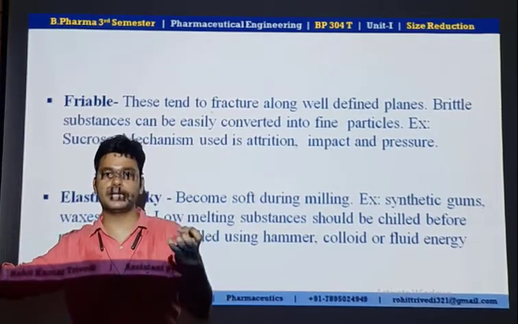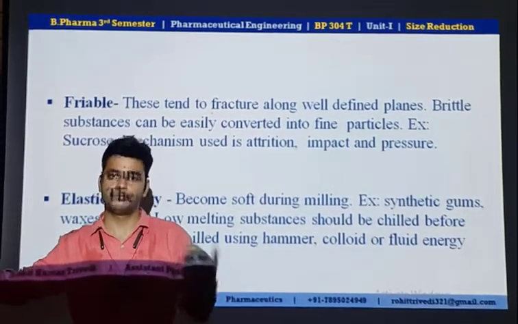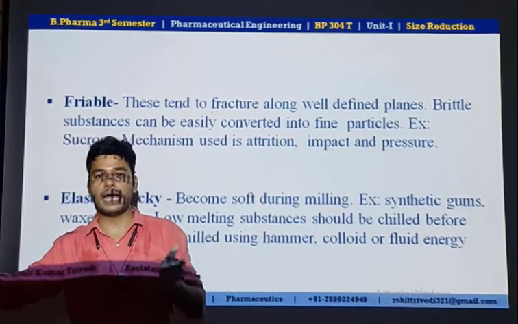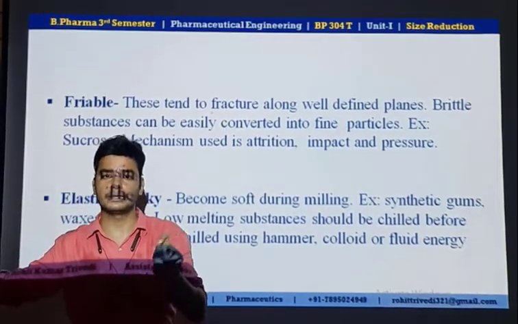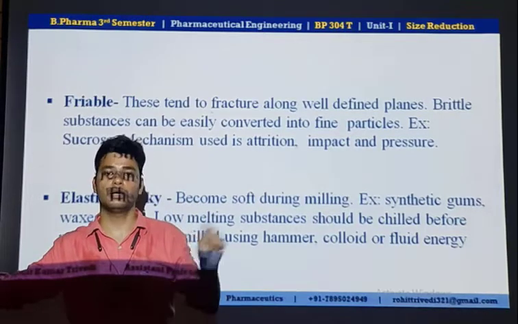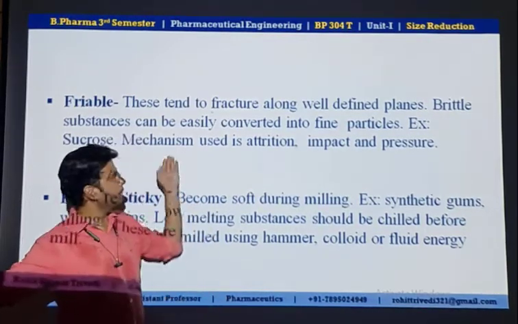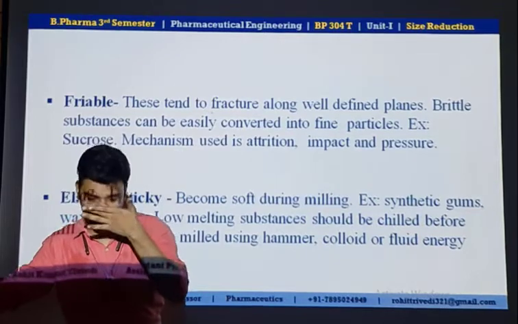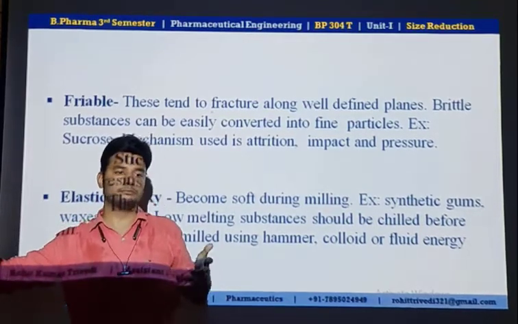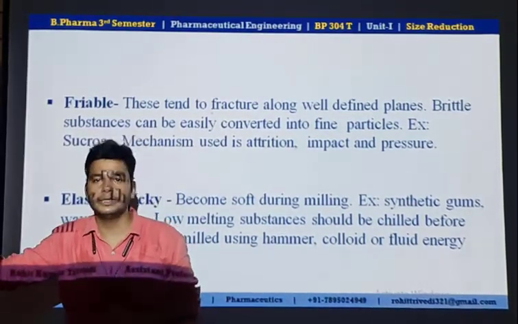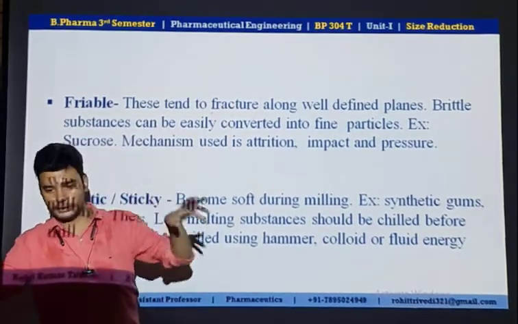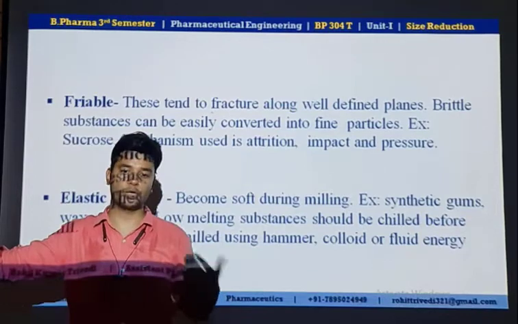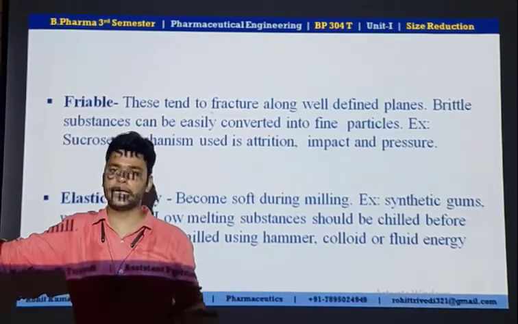The fine particles from the surface of the chalk fall down when we apply force or impact on it. Chalk that we use for writing only. If the friability of the material is higher, we will face easiness in the size reduction. These substances are brittle in nature. Brittle in nature means those substances can be broken down into smaller particles very easily.